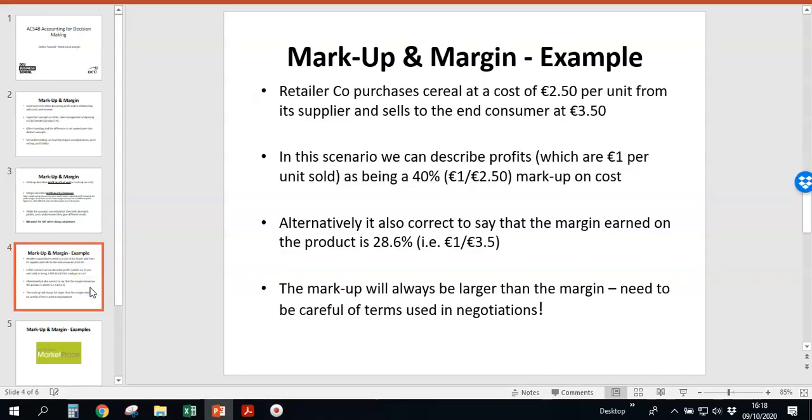So to give you a small example, say a retailer purchases cereal at €2.50 a unit, so that's their cost from its supplier, and then sells it to the end consumer at €3.50 a unit. So it's very simple there that we know the profit per unit is €1. However, if we were describing what markup you earned there, you earned a markup of the profit, €1, divided by the cost, 2.50.